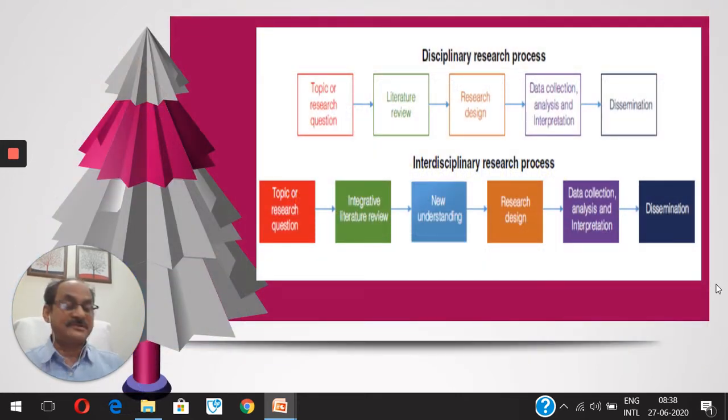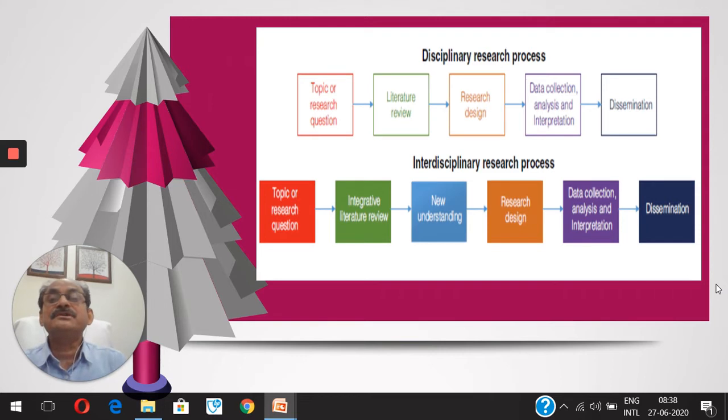Now you see the process. This is a very important chart I am going to share with you. In the first horizontal line, I take the disciplinary research process. What are the disciplinary research process and the interdisciplinary research process?